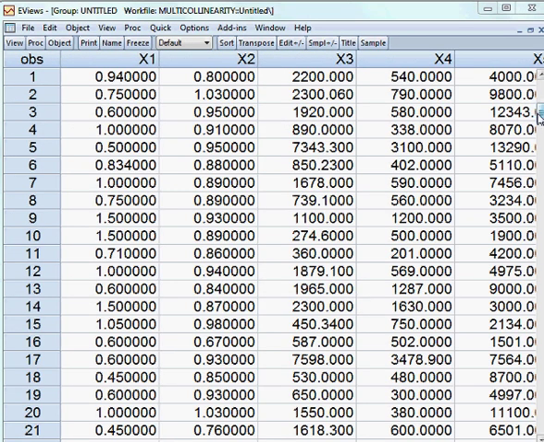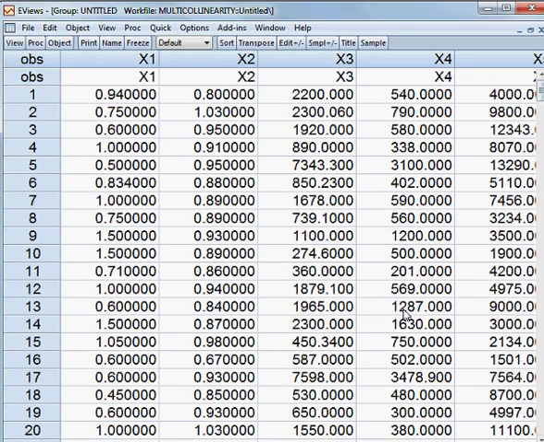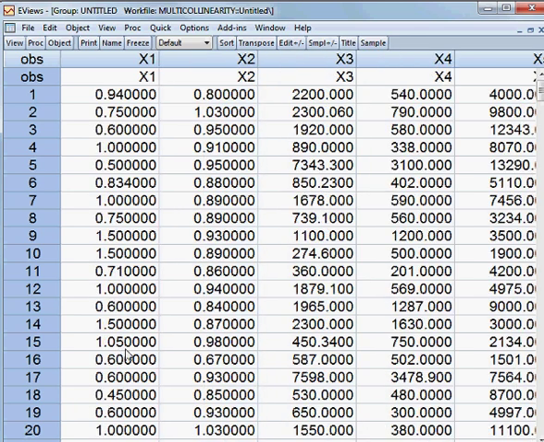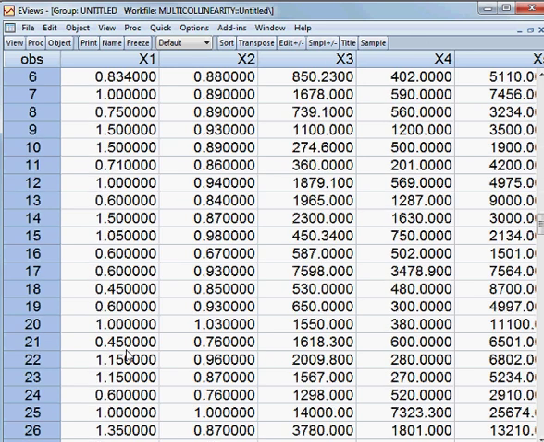And see, so these are the variables, x1, x2, x3, x4, x5, and also x6. Here we have the data.